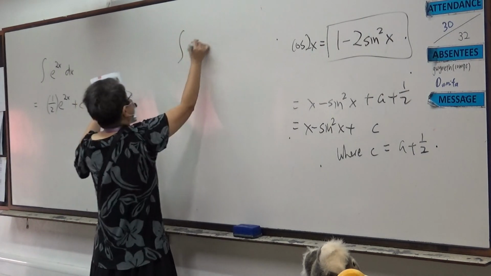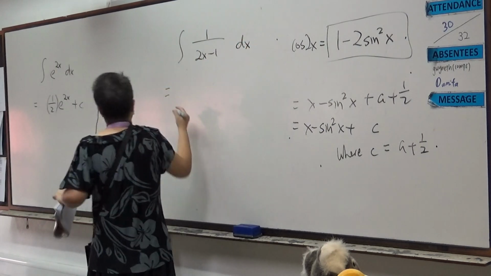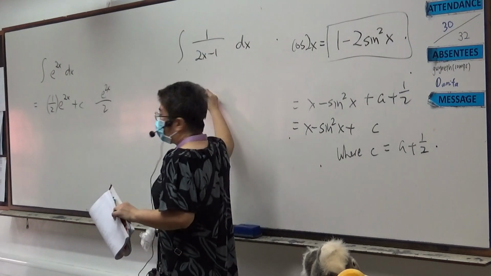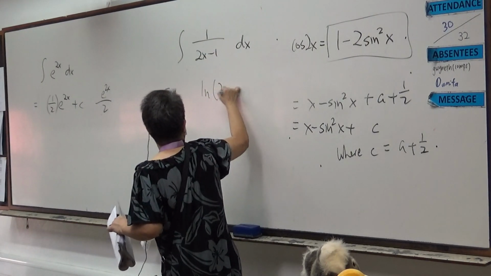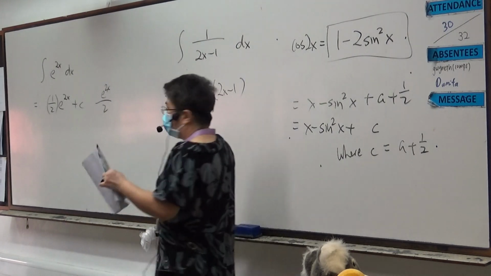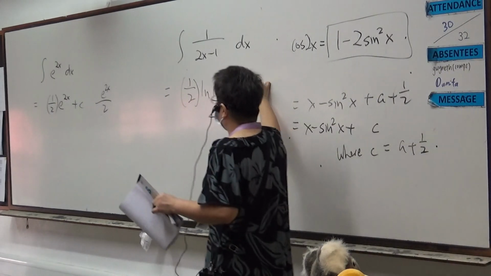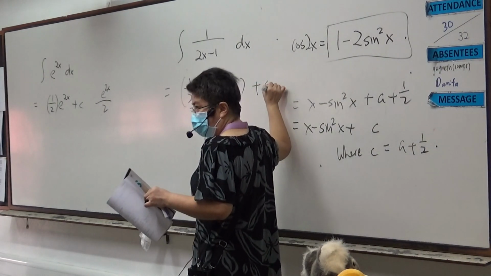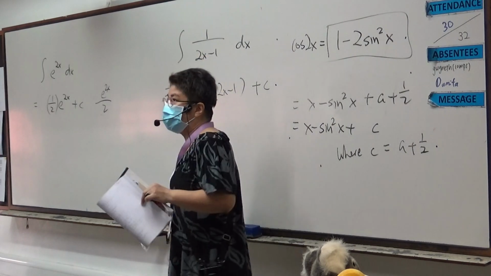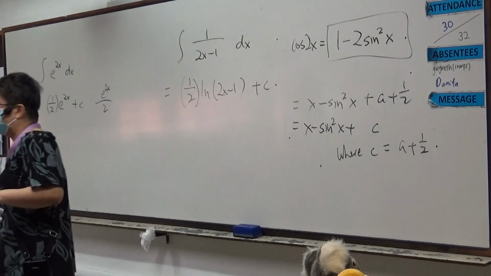If I want to integrate this, everybody look up, this will give me 1 over this one will be ln this, that will be 1 over 2, right? Agree or not? I left what? Now plus C. So only when you have it in this form, then you can integrate. Everybody clear?